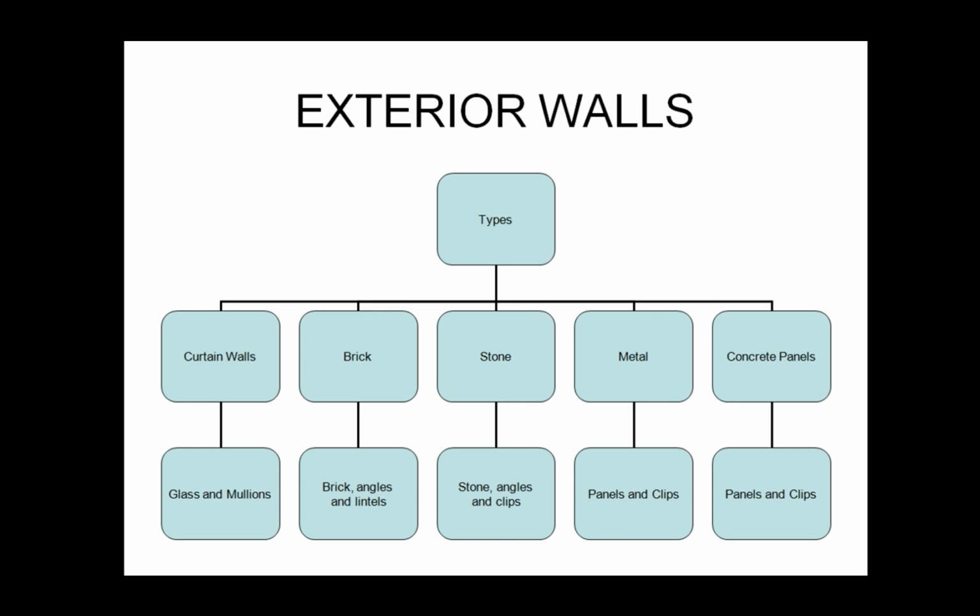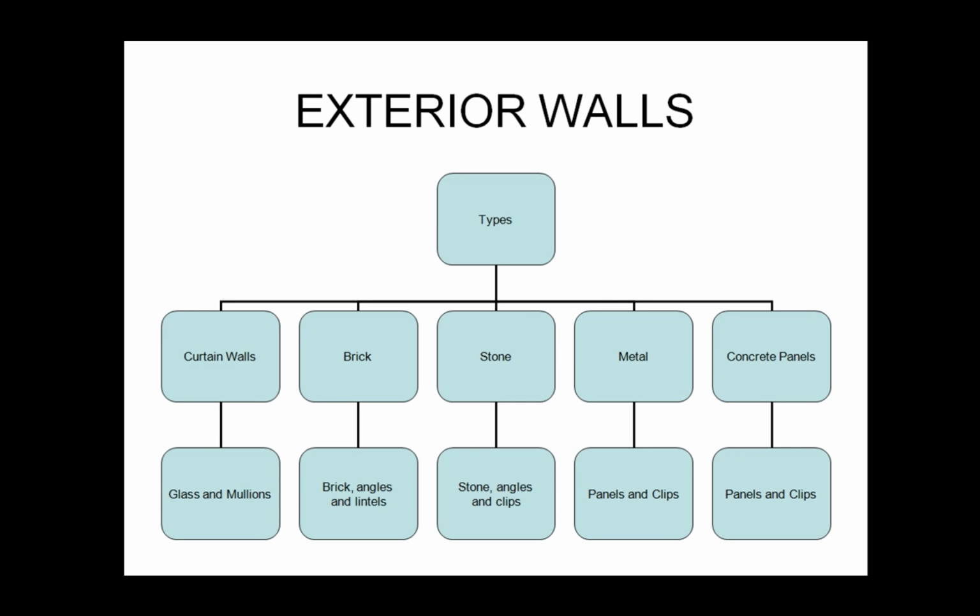Stone, same. Metal can be used as an exterior wall on prefabricated buildings, hangars, airport facilities, or construction or fabrication shops. Those could be metal type buildings, and then concrete panels as well on some of the larger buildings.